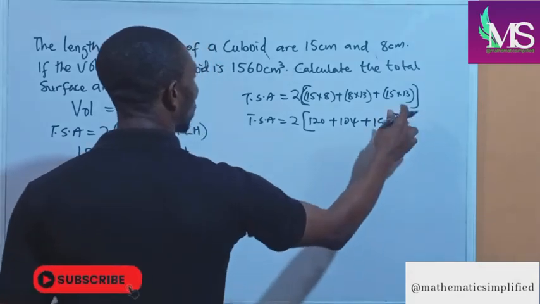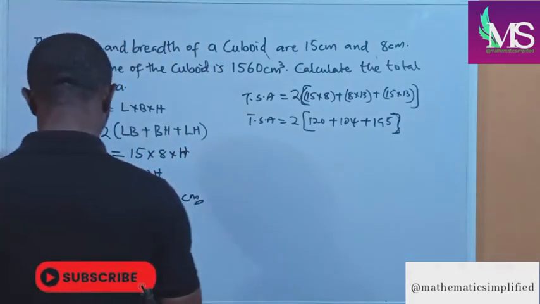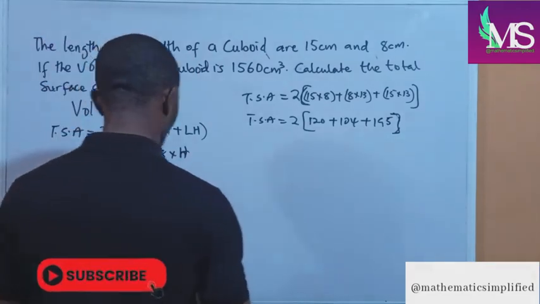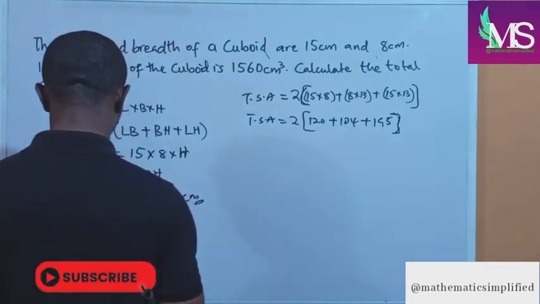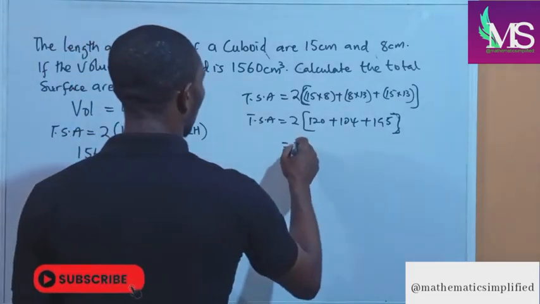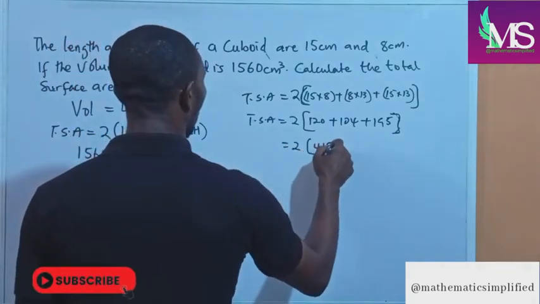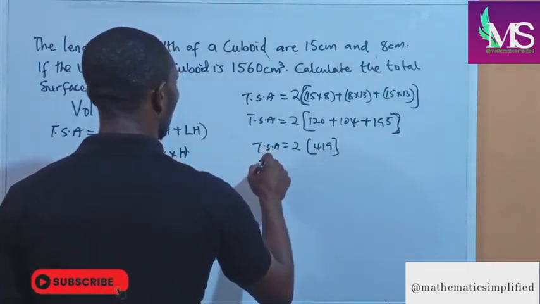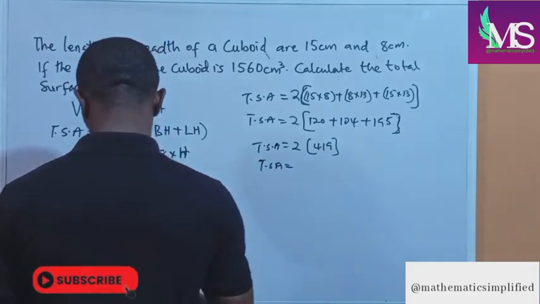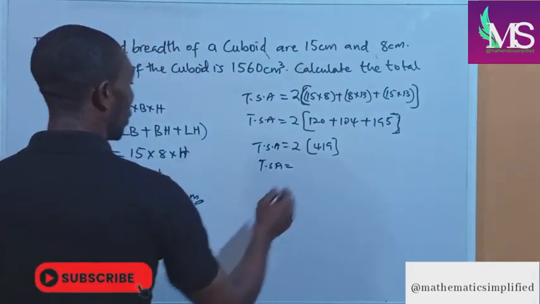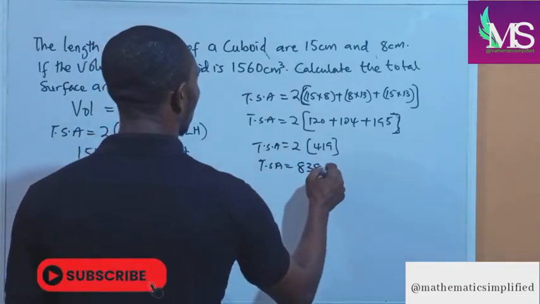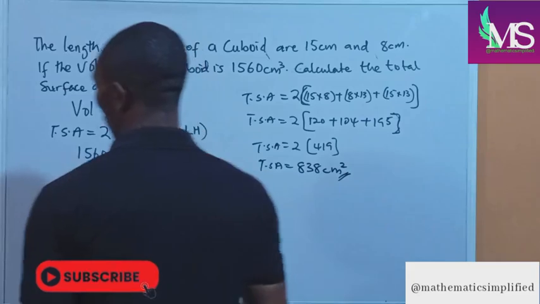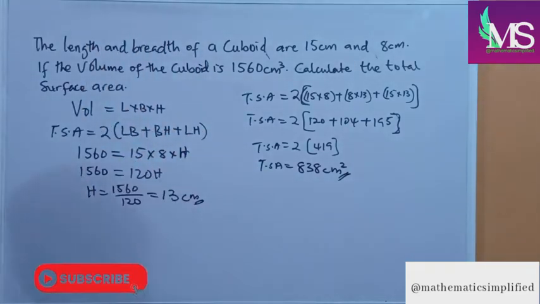Now, adding it all together, this becomes 195 plus 104 plus 120, which will give us 419. So times 2, TSA equals 838 centimeter square. That will be our TSA.